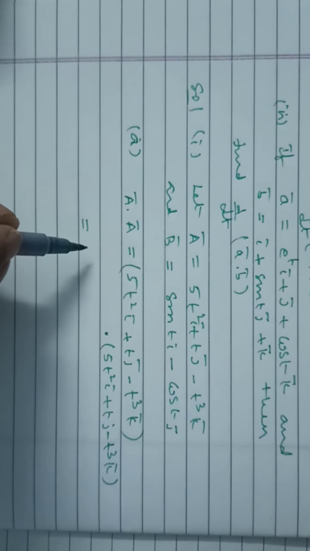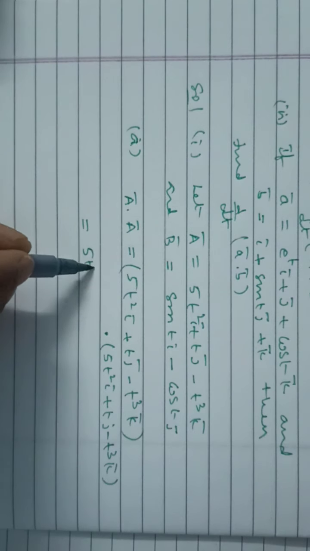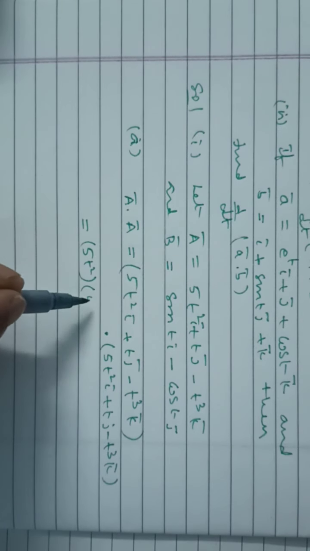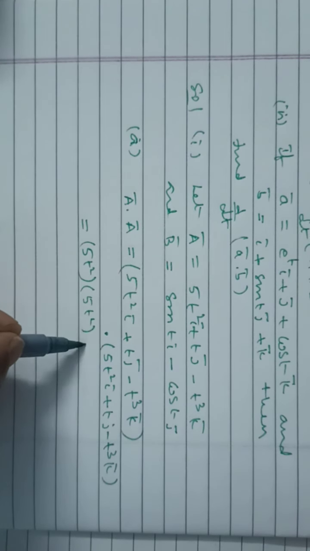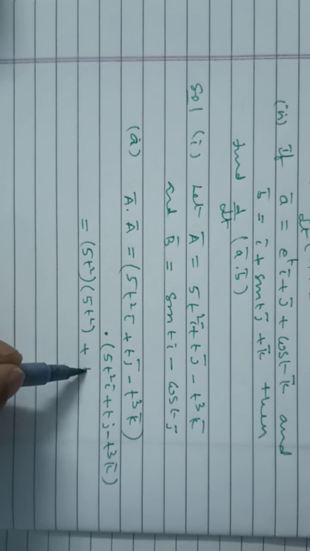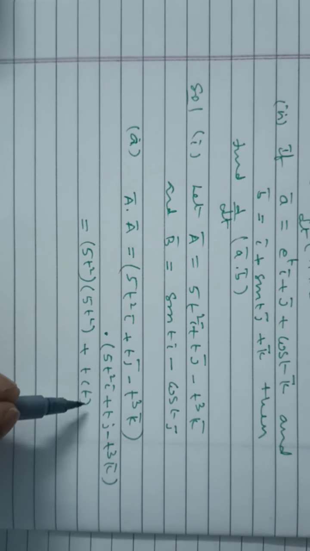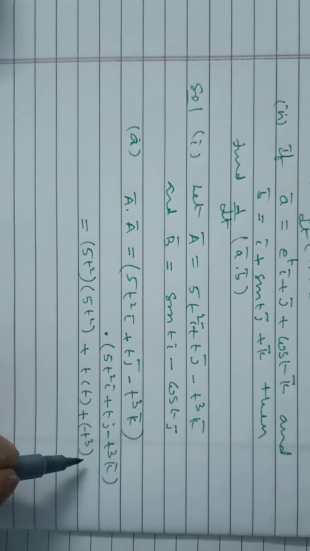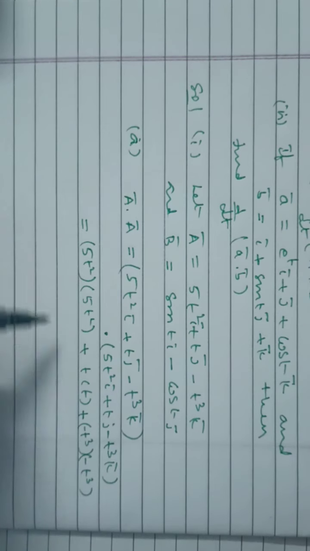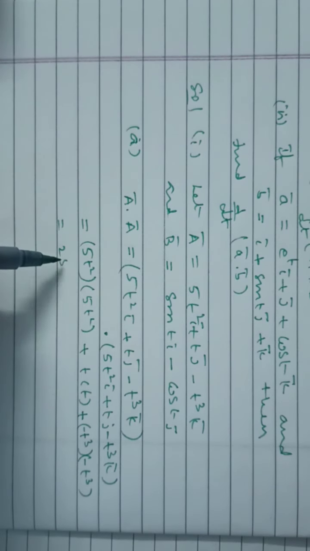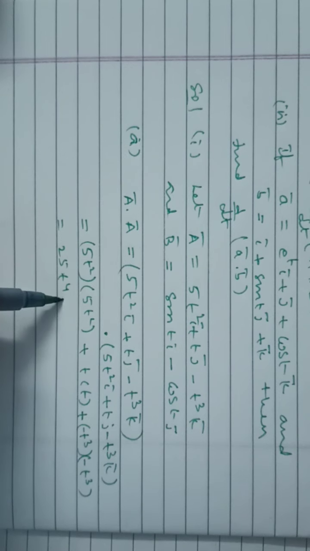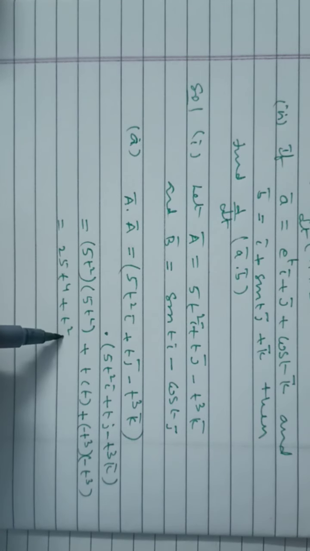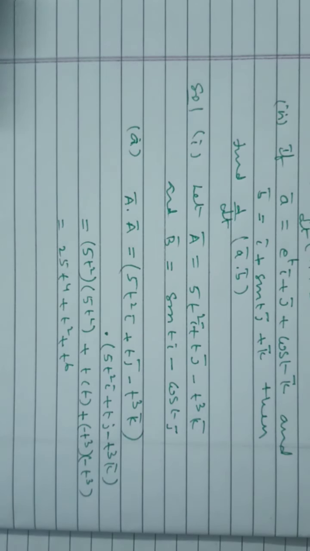It is now 5t square into 5t square plus j bar coefficients t into t plus, minus t cube into minus t cube is equal to 25 t power 4 plus t square plus t power 6.